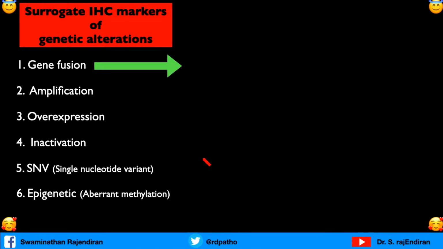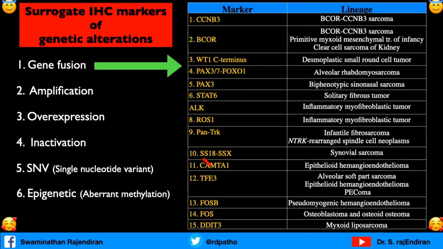Under gene fusion there is a big list. Again, take a picture of this; we will be seeing a lot of images to cover all these things. There are 15 molecular markers associated with gene fusion.